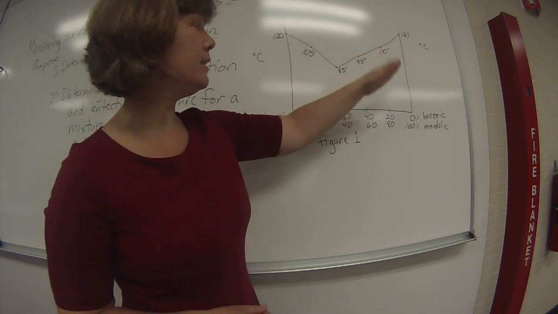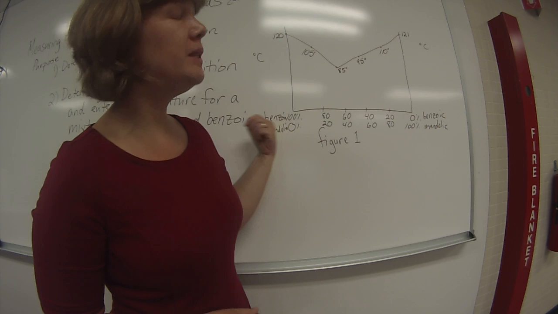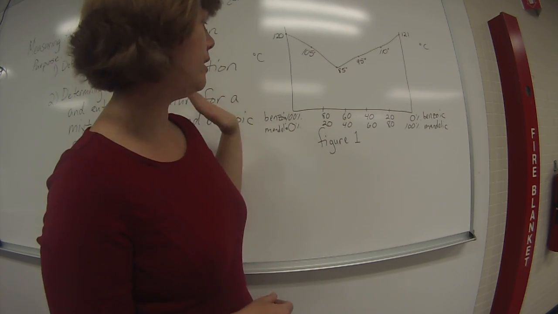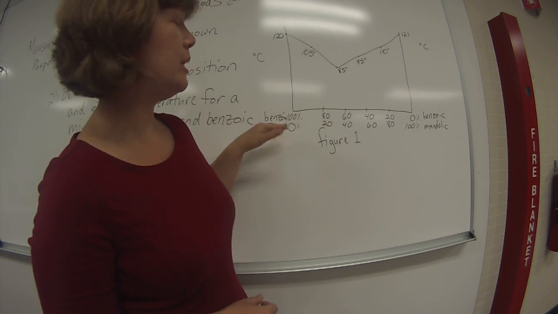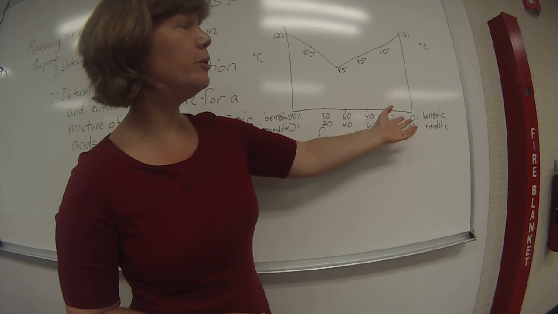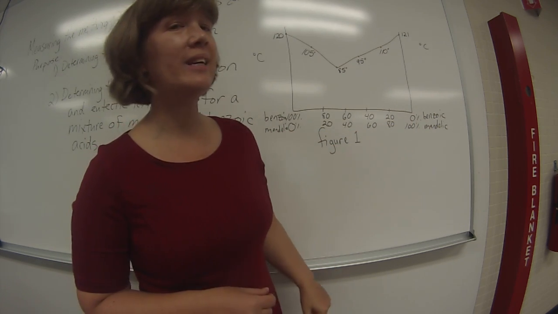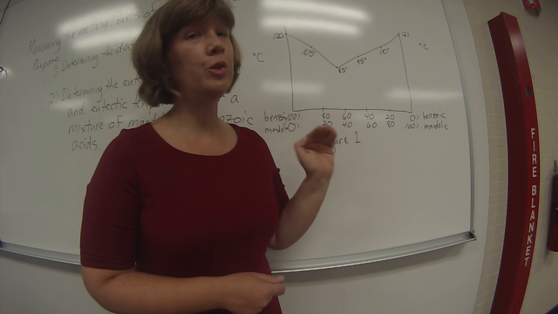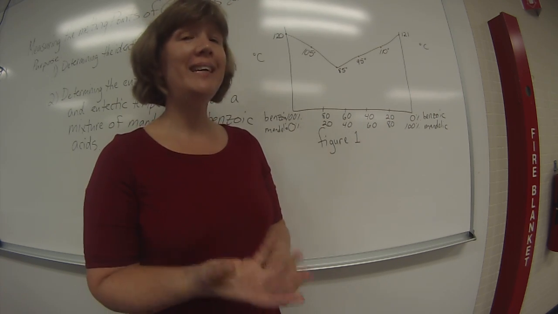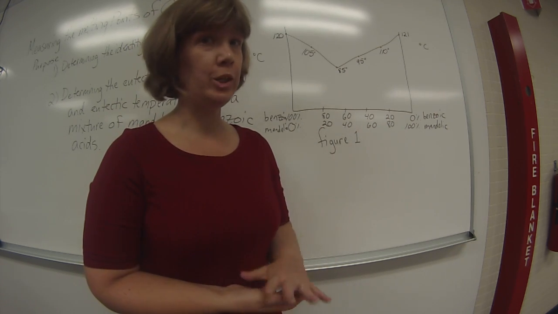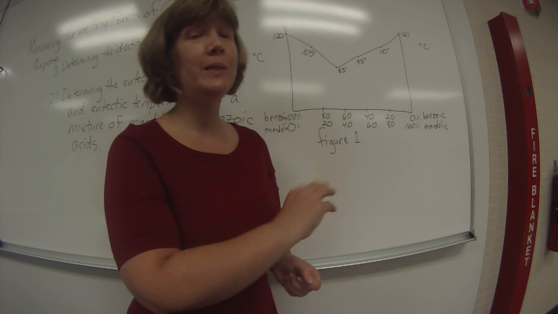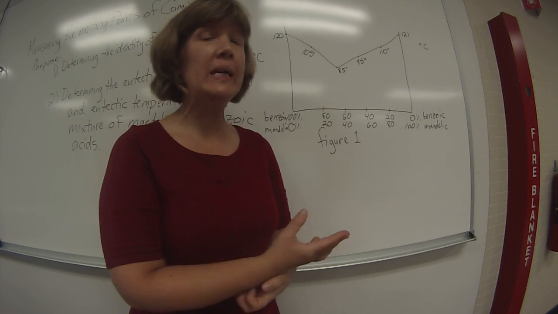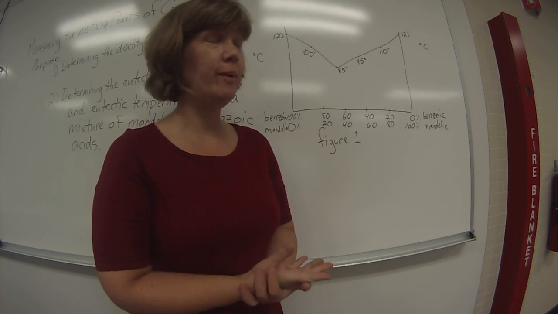On the x-axis, you'll have the composition of 100% benzoic, 0% mandelic, all the way over to 0% benzoic, 100% mandelic. And you'll plot the upper end of your melting temperature range on the graph for each of these substances and mixtures. So I made some sample data that you can look at to see how your graph might look.